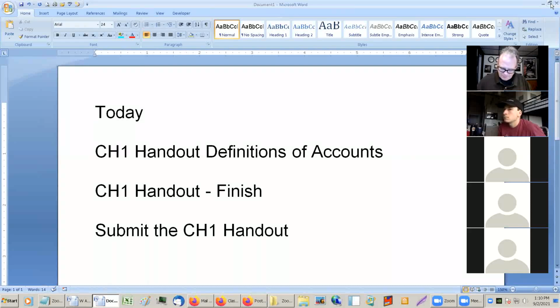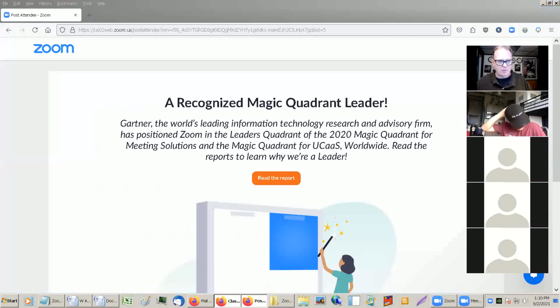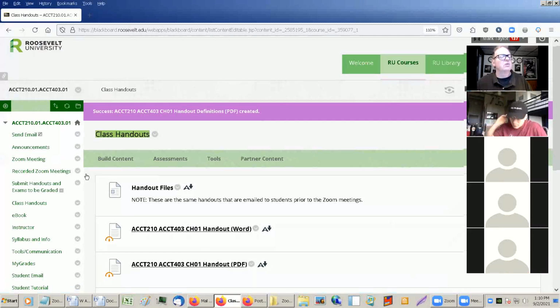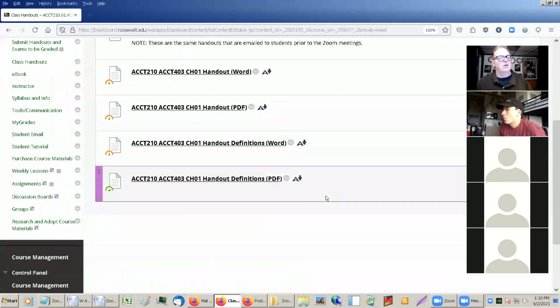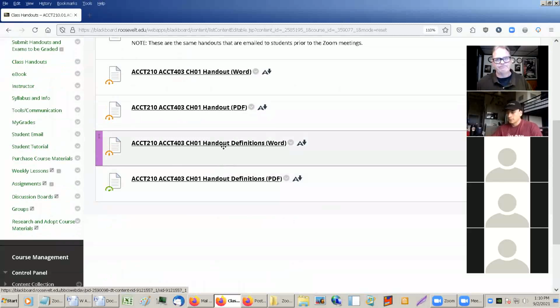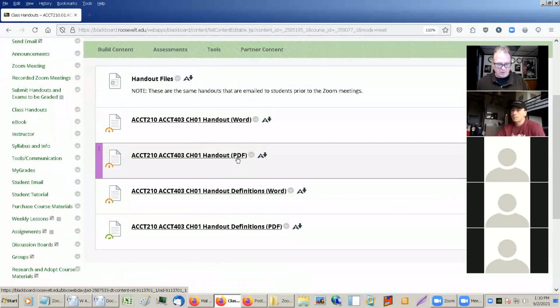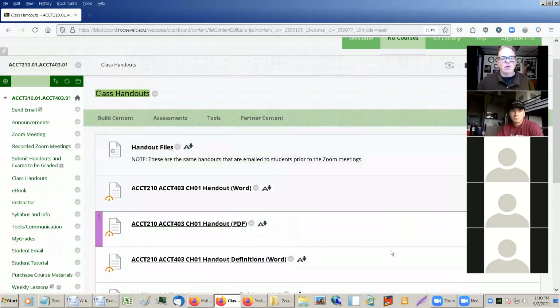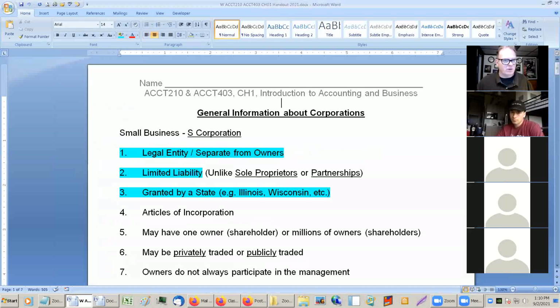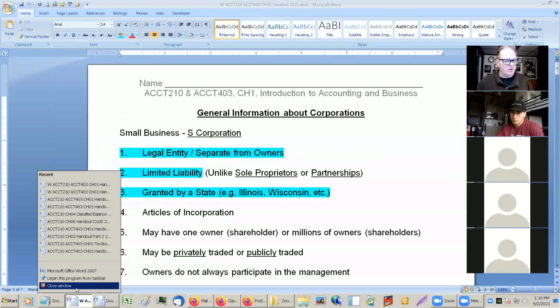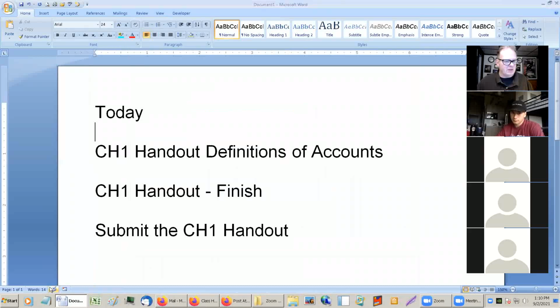The blank version is already in Blackboard. Make sure I'm not lying to you. Yeah, the chapter 1 handout definitions are already in there, but I will post this highlighted one also. Thank you. Okay, let me clean this up a little bit here.